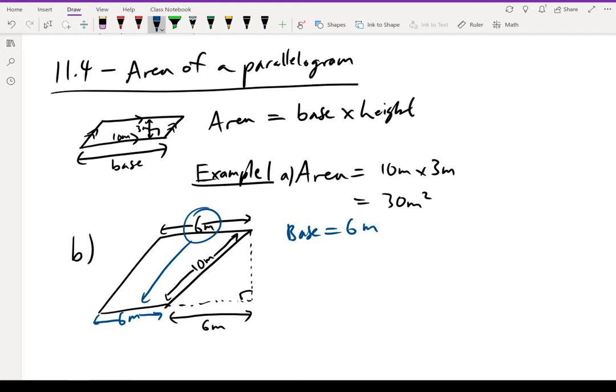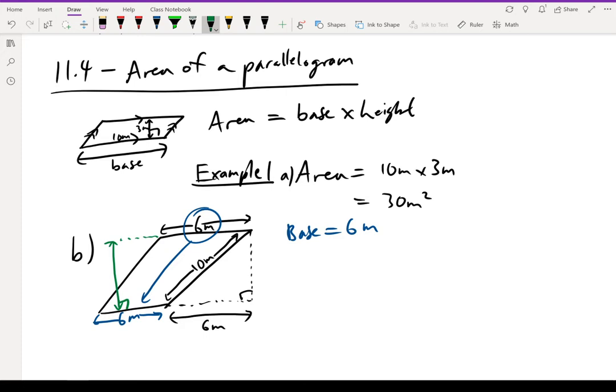Now, what is the height? The height has to be the perpendicular distance. That means a 90 degree perpendicular distance from the bottom all the way to the top. So that's the height from here to here. Okay, so it has to be perpendicular that way.